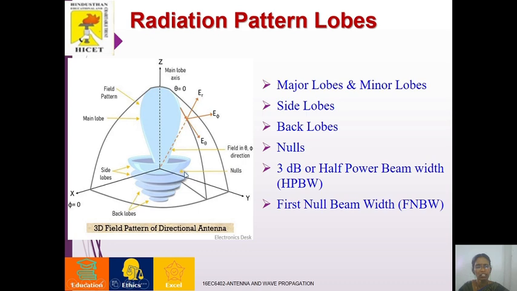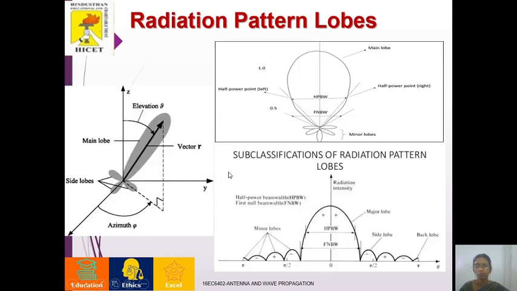And nulls are the directions of minimum radiation or zero radiation. So here two different classifications of the radiation pattern are shown. One is a three-dimensional pattern, the other is a two-dimensional pattern. In the two-dimensional pattern, you can observe the back lobes and side lobes are present on either side of your major lobe.